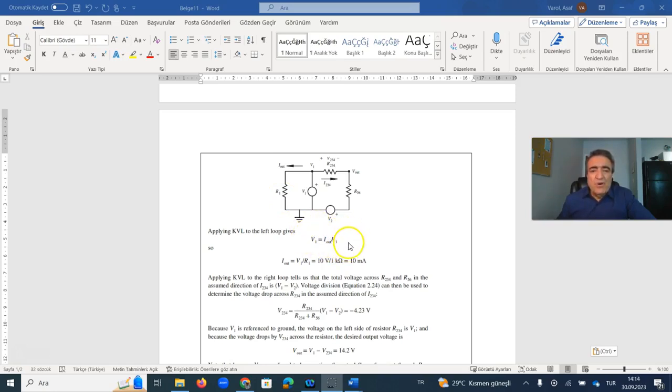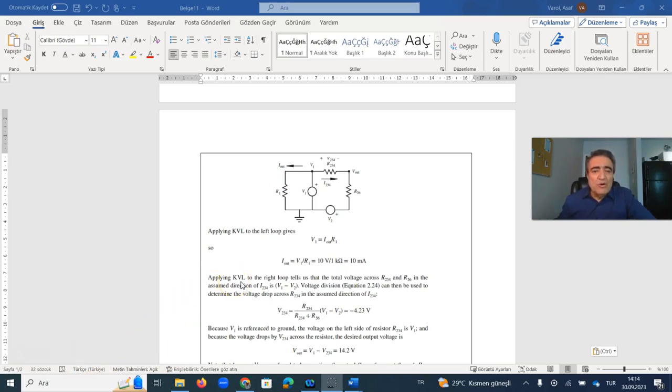And thanks to this formula, we can find I out is equal to V1 over R1. After substituting the values of the terms, you will get 10 milliamperes. It means I out at this point is equal to 10 milliamperes.